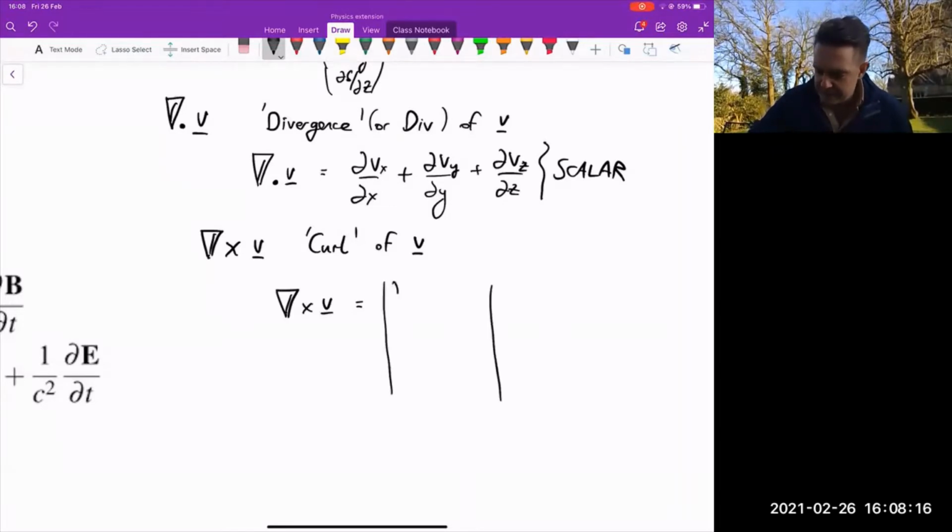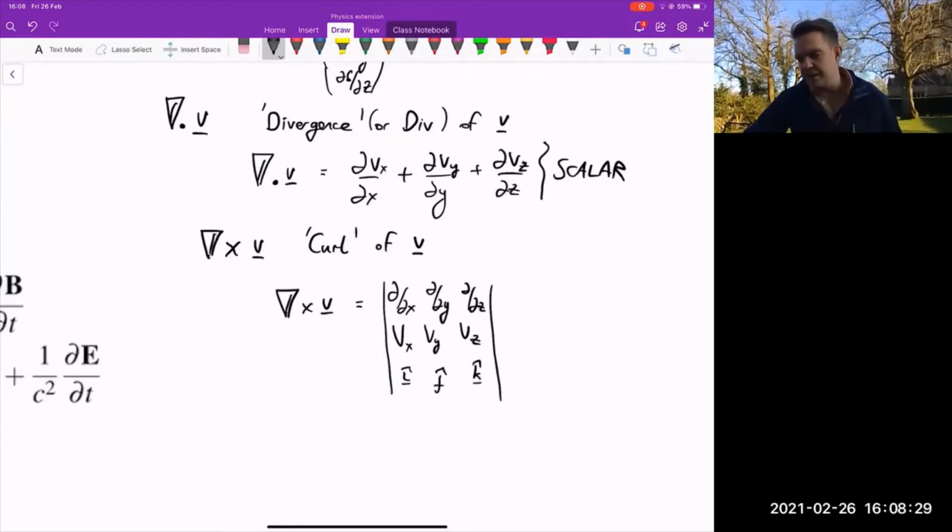You find the determinant of this matrix with rows d, Vx, Vy, Vz and i, j, k. Finding the determinant of that matrix gives you the vector product. It's a vector, so you end up with a load of terms.